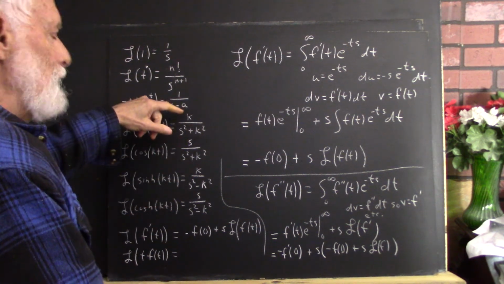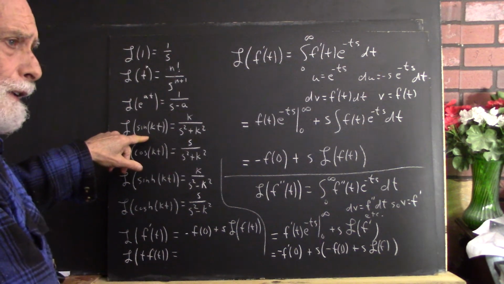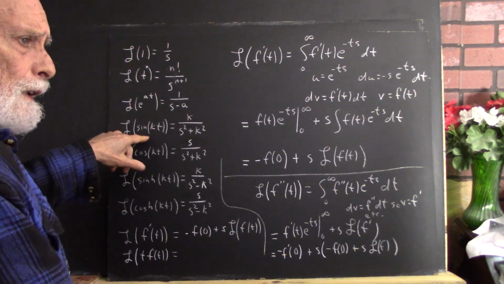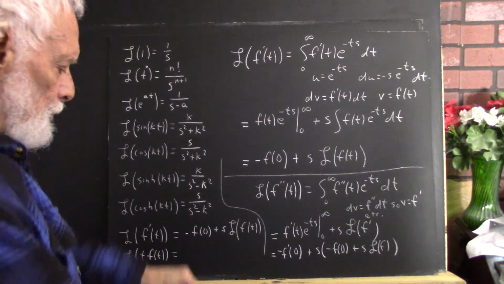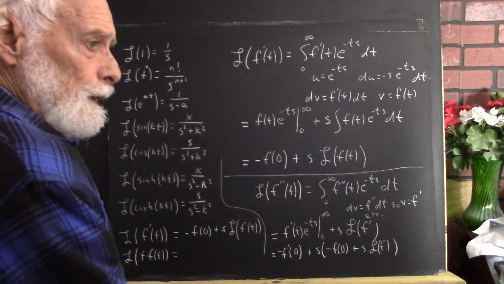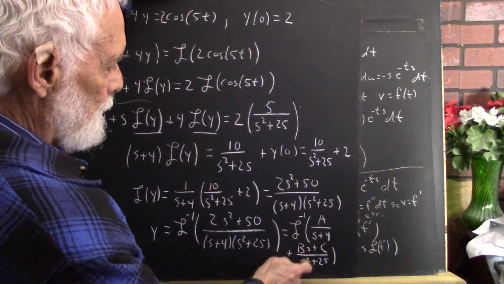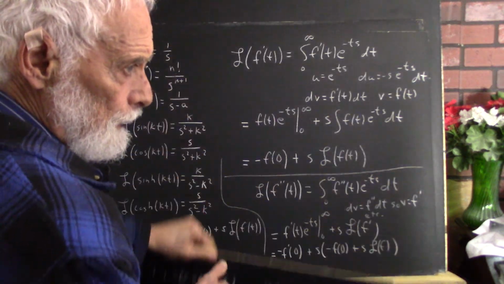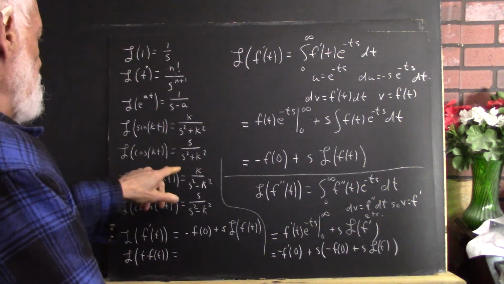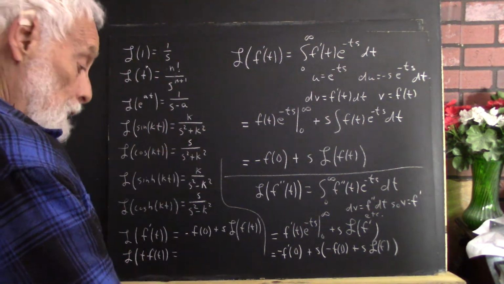If it's a constant over s squared plus k squared, it's going to give us a sine of kt. K is equal to 5, so it's no surprise that we're going to get a sine of 5t. We're also going to get a term that's s over s squared plus 25, and that's some multiple of the cosine of 5t.